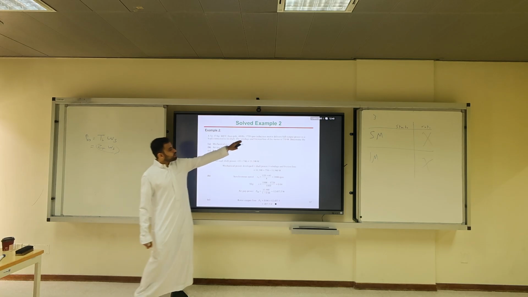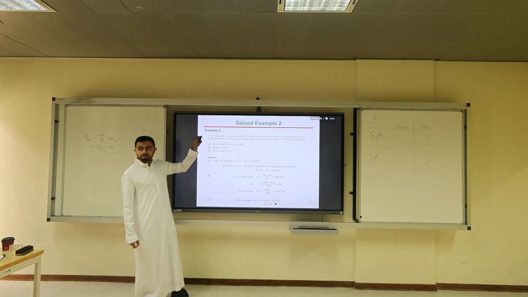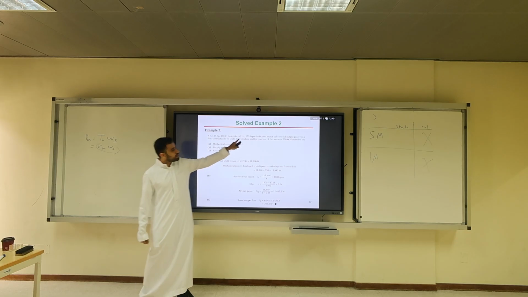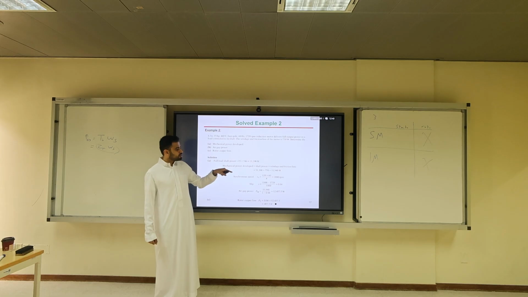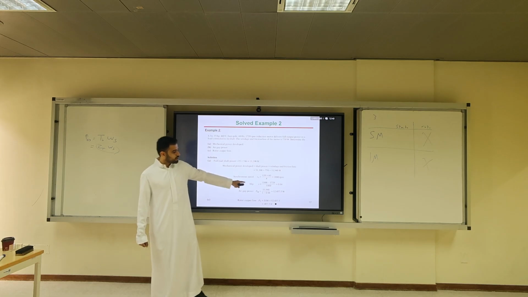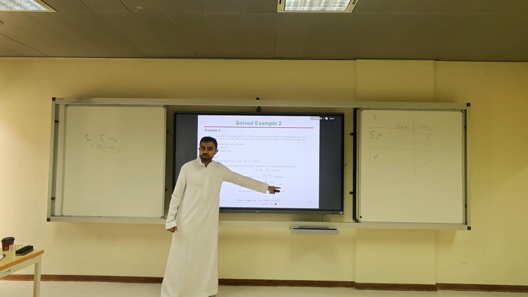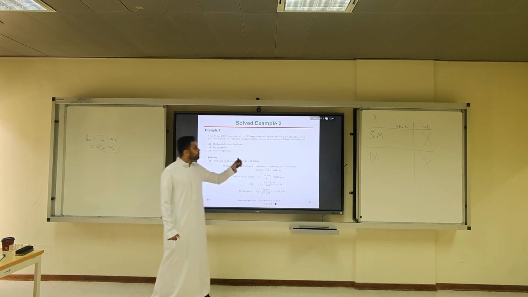Can you get the slip from this information? Yes, I have the rotor speed, 1728. I subtract it from 1800 because it's a 4-pole 60 hertz. So 1800 minus 1728 over 1800, you should get the slip. And the slip here is 0.04, it's a 4% slip. So I can tell you both pieces of information.